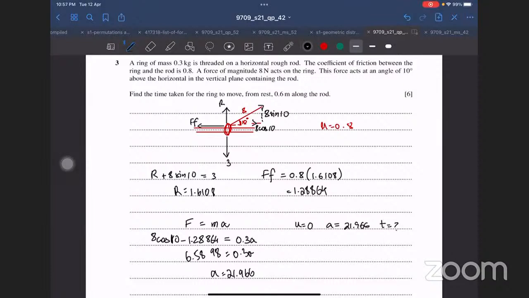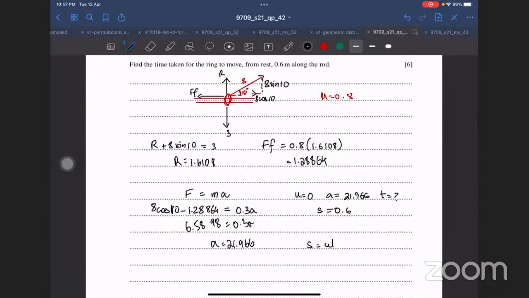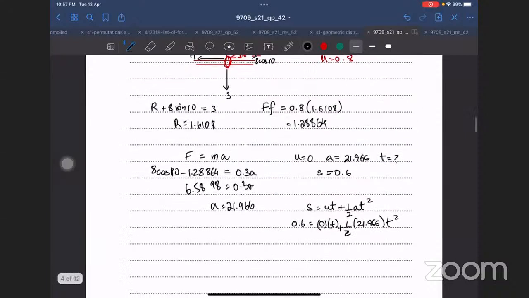I'm asking you to find the time, and I've given you the distance. So you use s equals ut plus half at squared. s is 0.6, u is 0, and t squared. So t squared is 0.6 into 2 divided by 21.966.